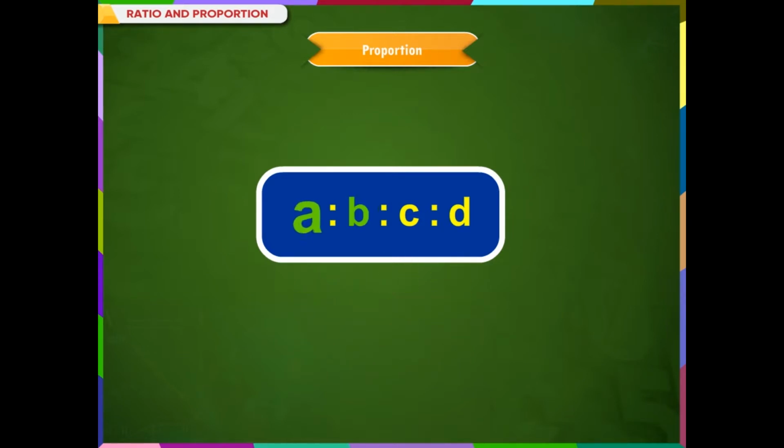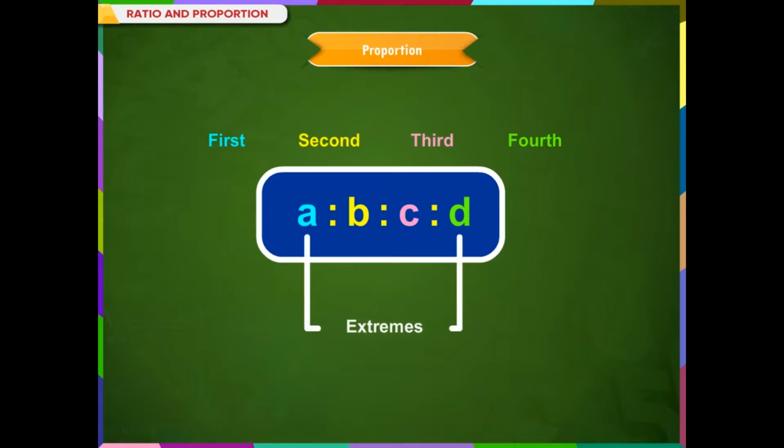Here, A, B, C, D are respectively called the first, second, third, and fourth terms of the proportion. The first and the fourth terms are called the extreme terms or extremes. The second and the third terms are called the middle terms or means.